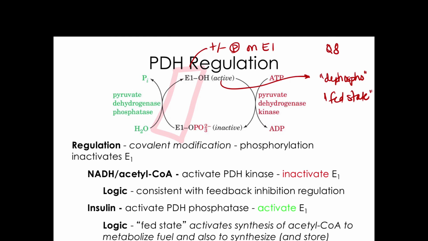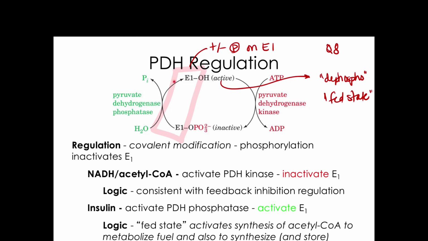So if we have committed something via pyruvate dehydrogenase to acetyl-CoA, we're committing it to chemistry happening in the mitochondrion. I'm not going to say too much about regulation here, other than highlighting that it is regulated by phosphorylation, so covalent modification via a residue on E1. We've got an E1 here that could be cycled between a phosphorylated and a dephosphorylated state. If we want pyruvate dehydrogenase to be active, it's active in a dephospho, or fed state.